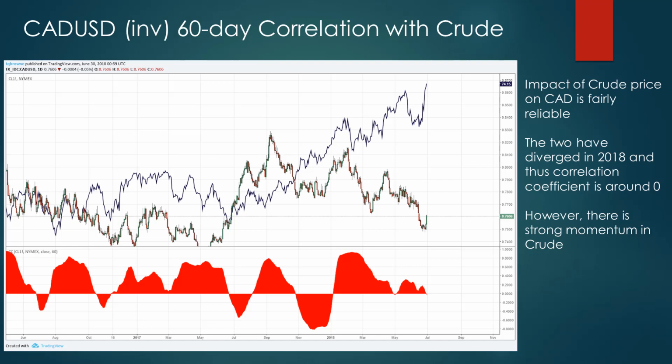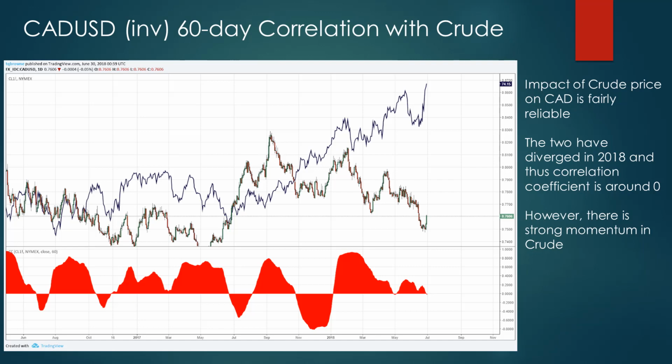Now, crude's momentum still remains strong. The most recent OPEC meeting was largely a success. There's cohesion among the cartel. Now, CAD does stand to benefit from further increases in crude.